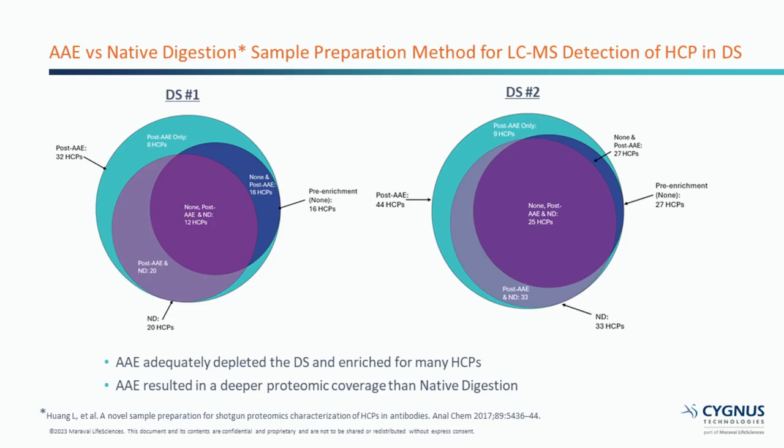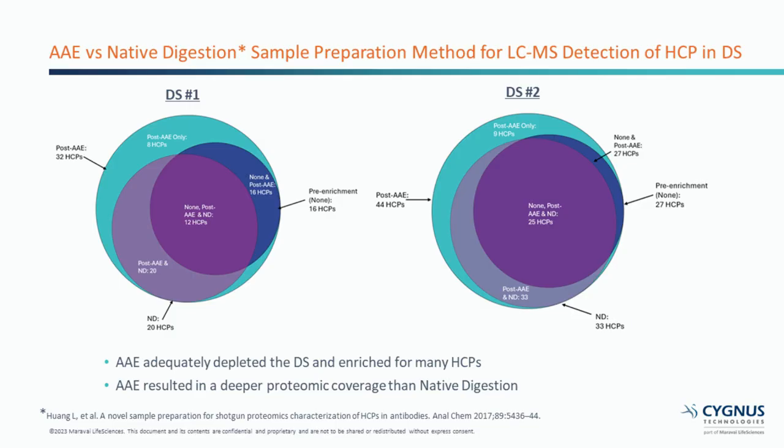We also compared our antibody affinity extraction enrichment method and DS depletion with a method which is frequently used by many mass spec groups at biopharma companies. It's called native digestion. Native digestion is an HCP enrichment technique that was developed by Huang et al. at Eli Lilly, and it was published in Analytical Chemistry in 2017.